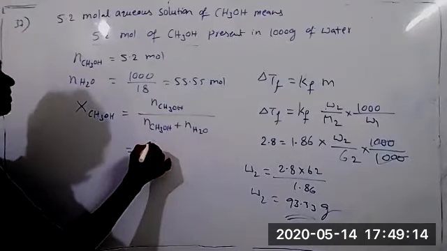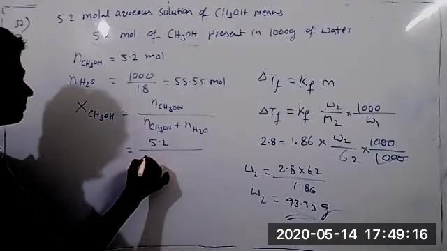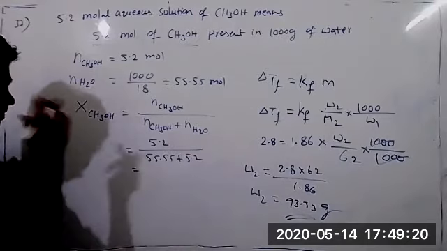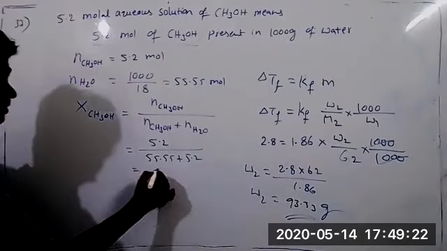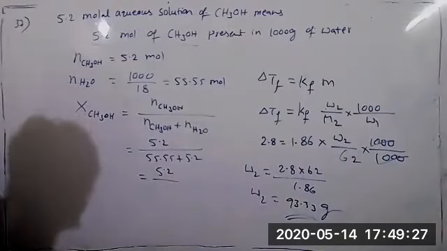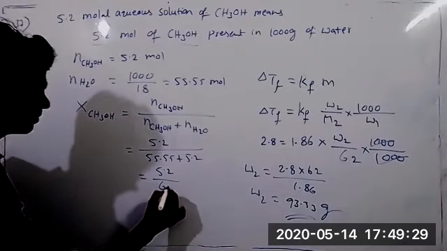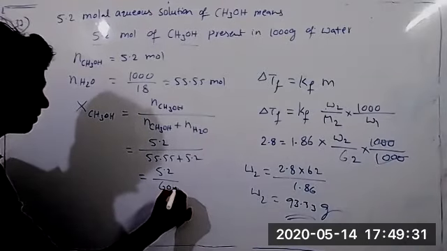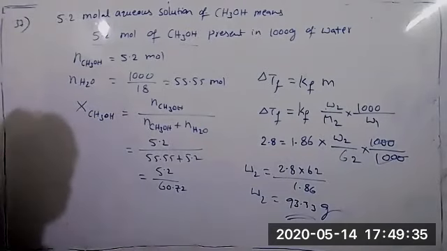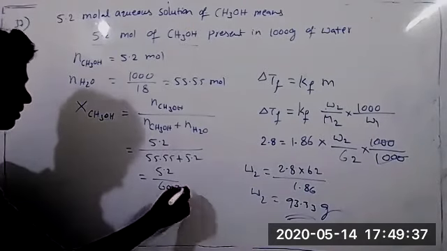So 5.2 divided by 55.55 plus 5.2 total, that is 5.2 divided by 60.75. Calculate.